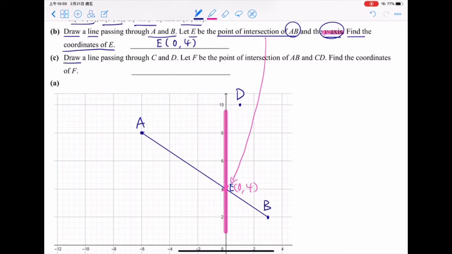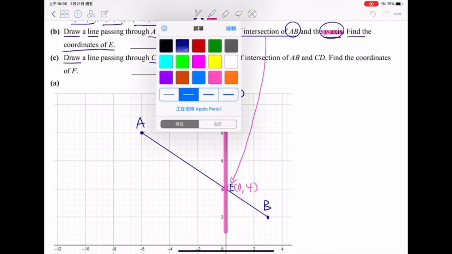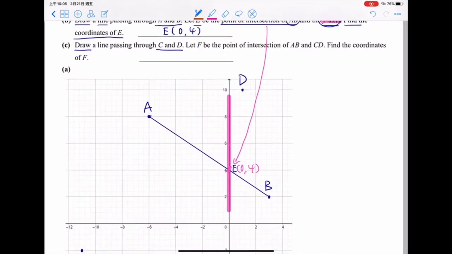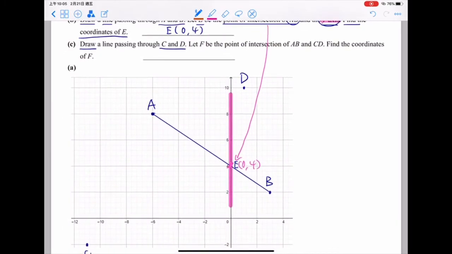Last, again draw a line, this time C and D. So C is here, D here. Draw the line CD. This time another point, F, point of intersection of AB and CD.